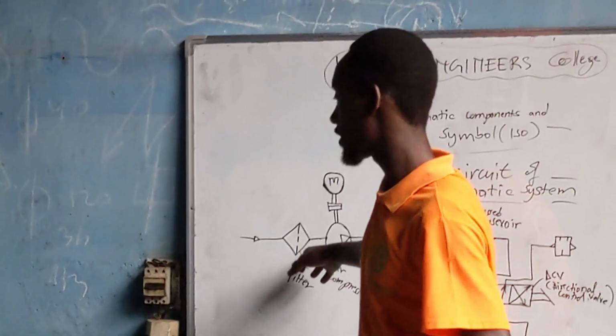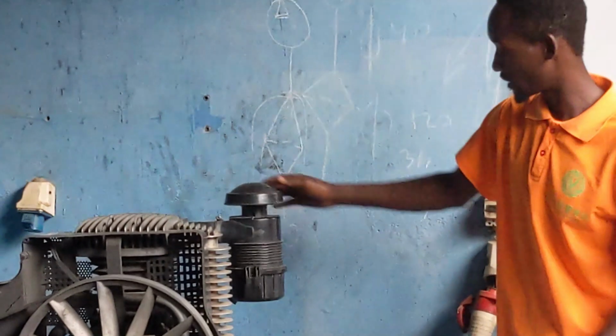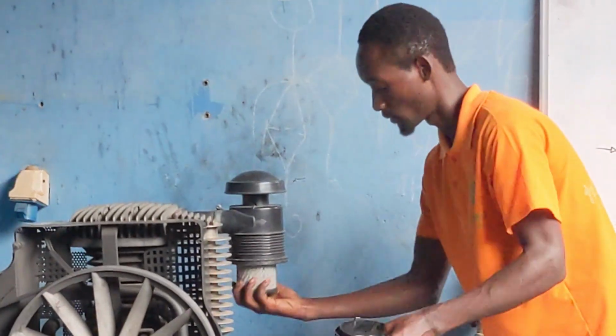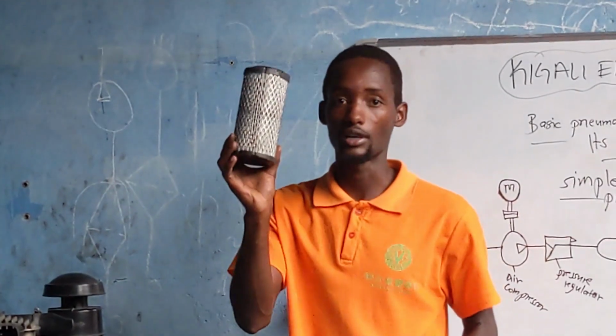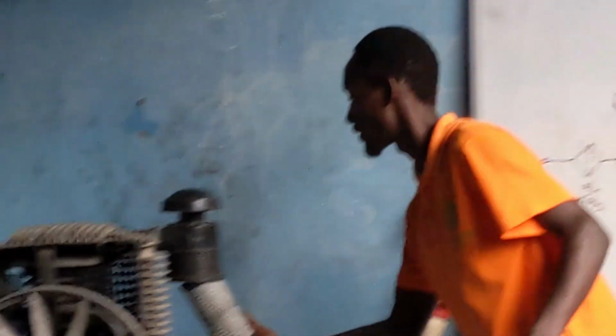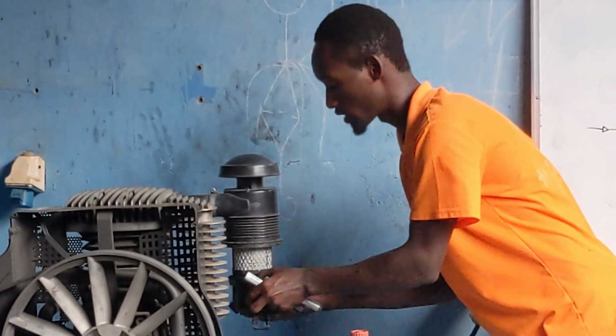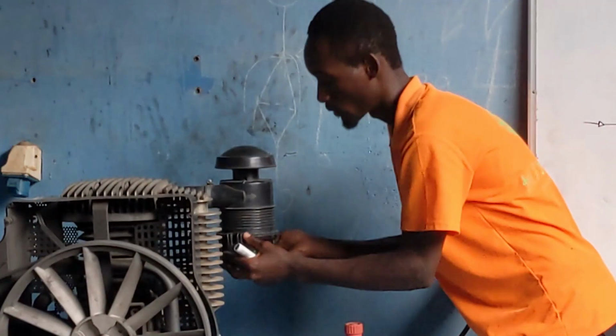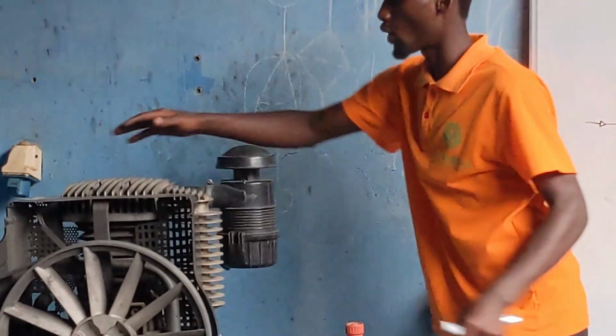As I said, there is air inside the air filter. This is the air filter. It is represented by this symbol. There is another one, what we call the compressor.